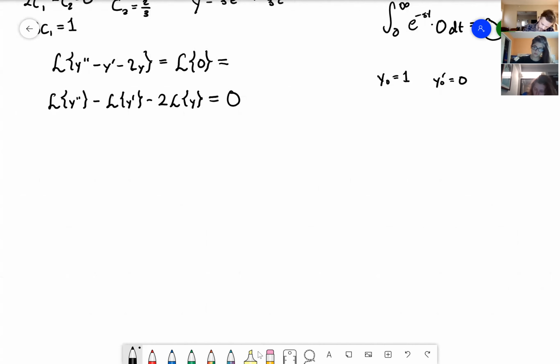All right, so this first one is s squared times the Laplace transform of y. Now I'm going to switch to just writing capital Y at this point. As much as I enjoy writing these fancy L's, I'm not going to do that. Minus s times y(0) minus y'(0).